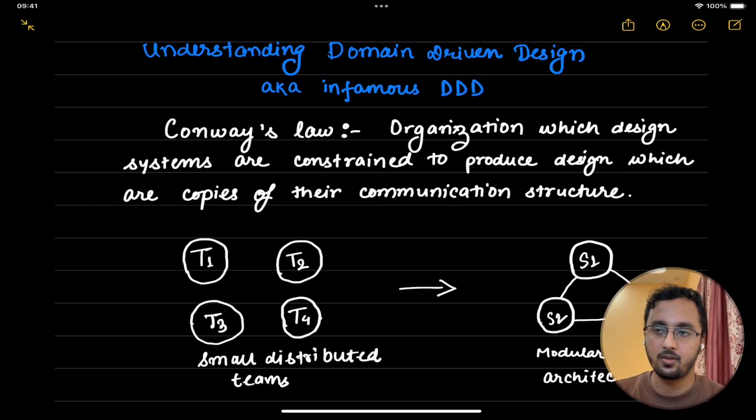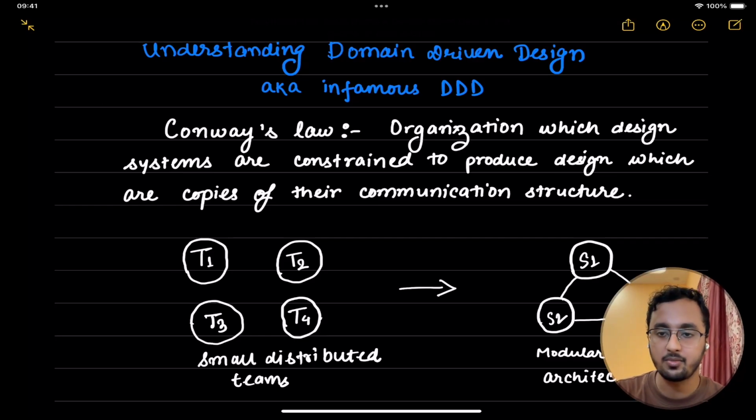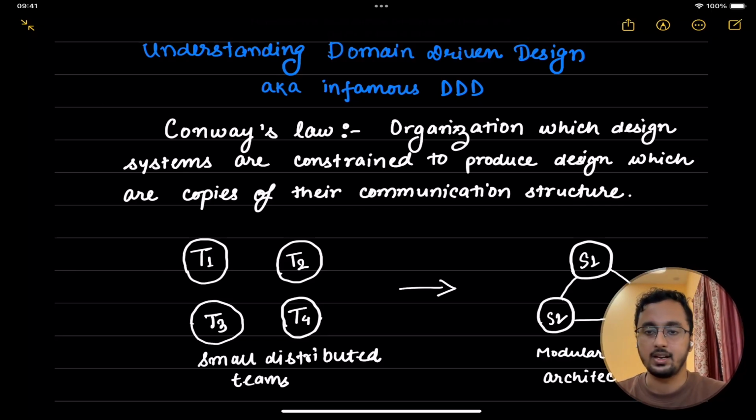Now, let's say you found some issue, right? Let's say some part of orders is not working correctly. You have to roll back the entire monolith to a previous version, fix the bug, and redeploy, right?